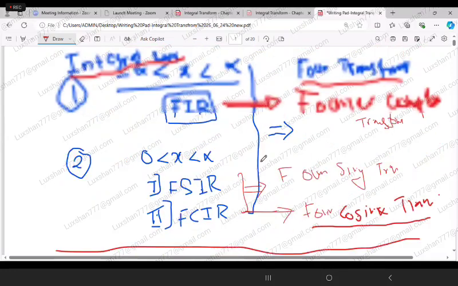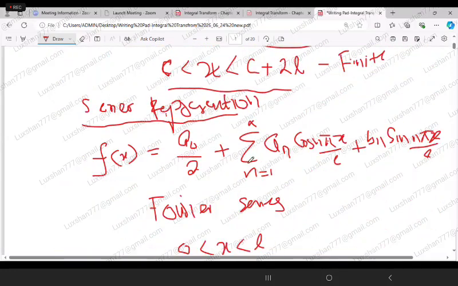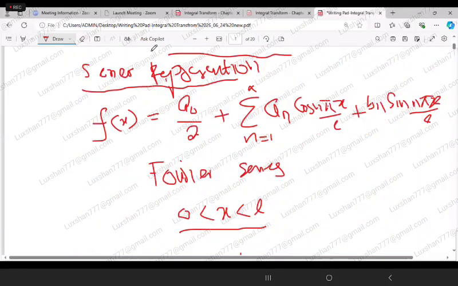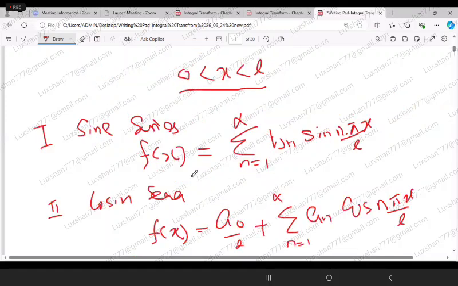Using the integral representation, we have the Fourier transform. Similarly, using this series representation, we can have the finite Fourier transform.